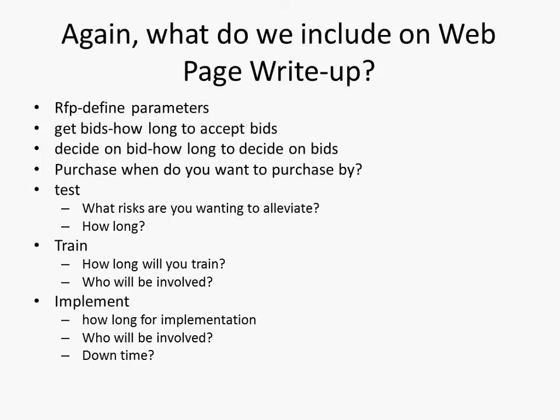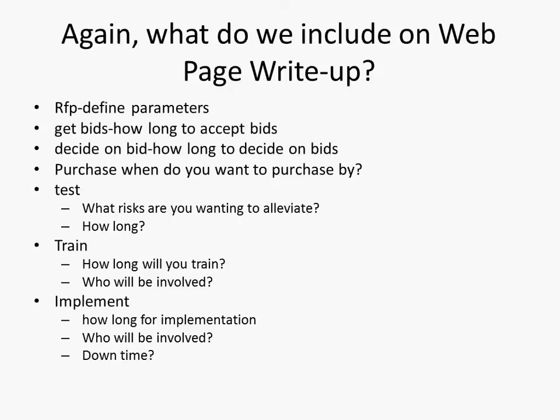Okay. Then you'll go over testing, training, and implementation. When you look at testing, think about risks that you're wanting to help alleviate. You know, what can you go ahead and test out and prevent problems from happening in the testing phase? How long do you expect the testing phase to last? As far as training, you know, training people how to use this new equipment, how long do you think you'll train?